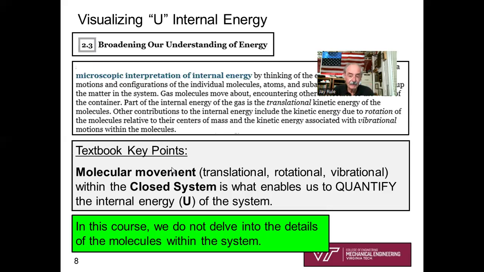A bowling ball, a solid closed system, has a lot of molecules of bowling ball material, whatever that is. And so the molecular movement, depending on the properties associated with that system, could be categorized as translational movement, rotational movement, and vibrational movement.